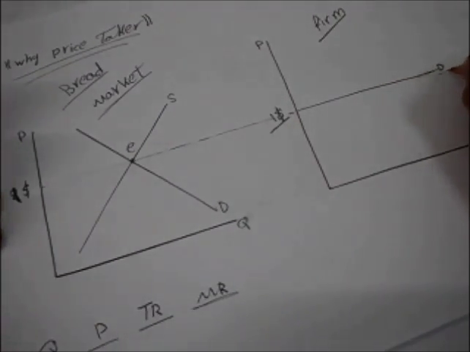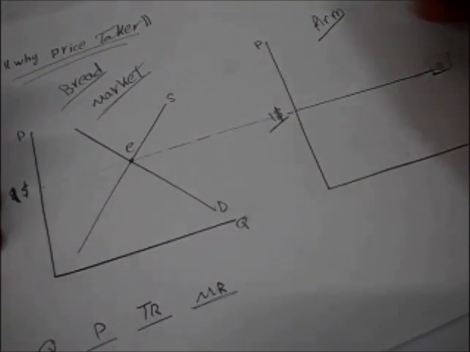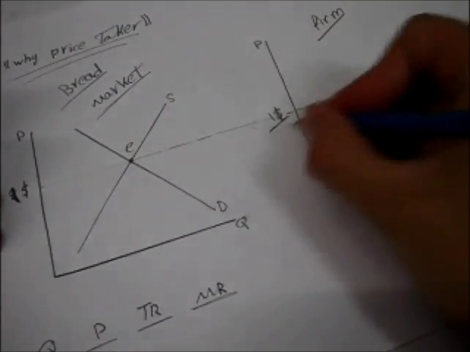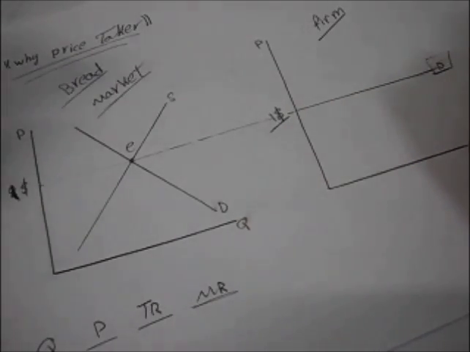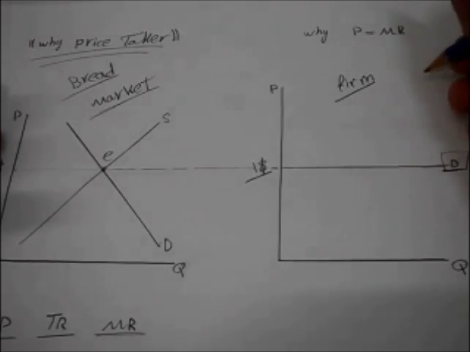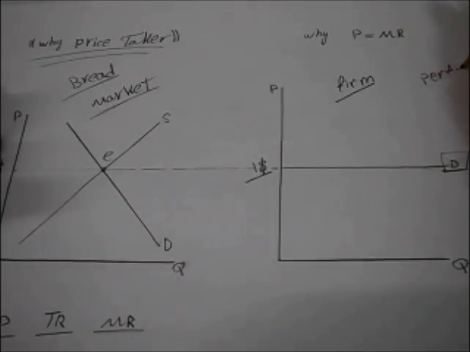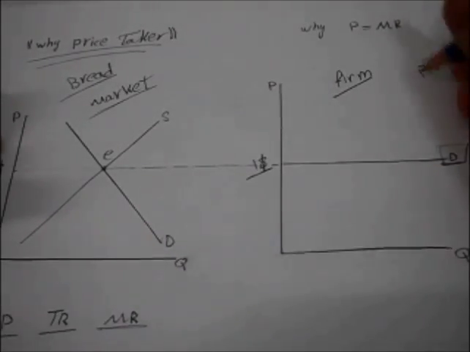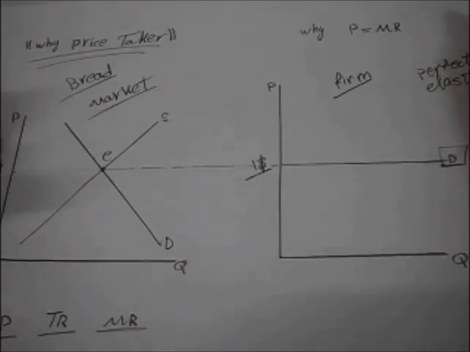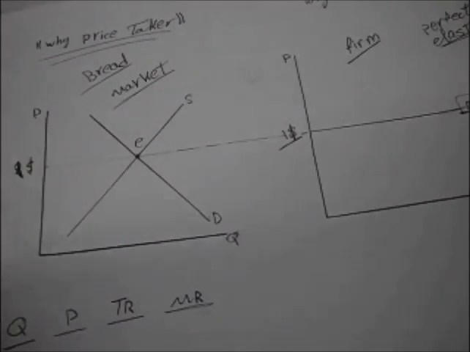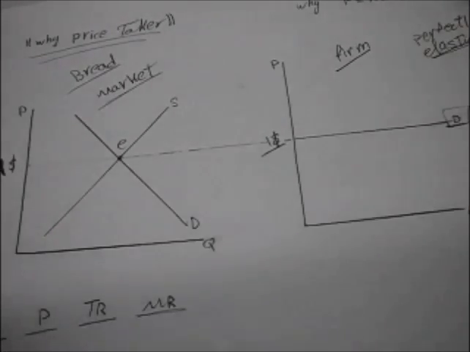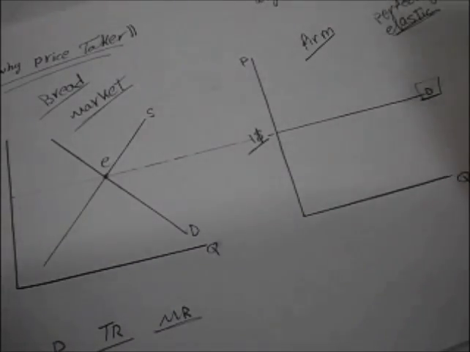So the demand of this firm will be just a constant horizontal line. So it's perfectly elastic, a perfectly elastic demand line.